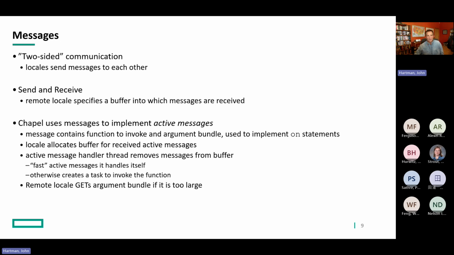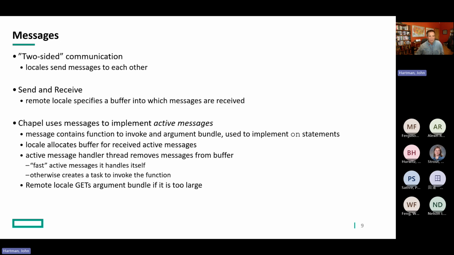So it actually has to actively participate in the communication. So Chapel uses two-sided communication to implement what are called active messages. An active message is a message sent from one locale to another that asks the other locale to perform some action on the first locale's behalf.